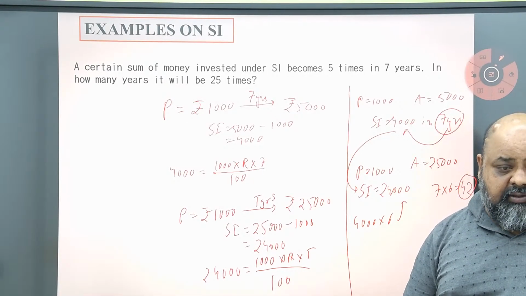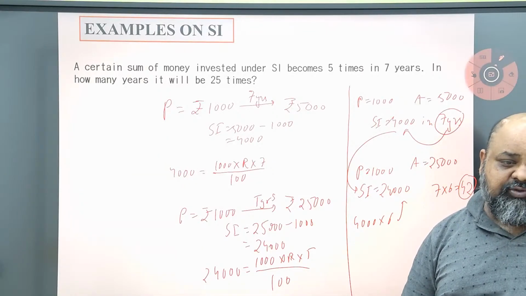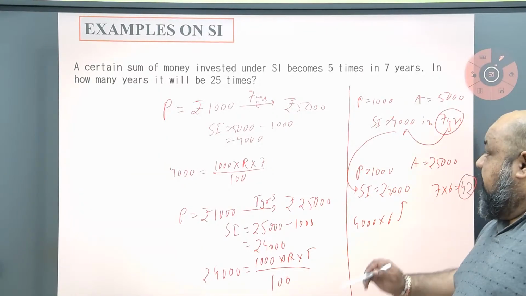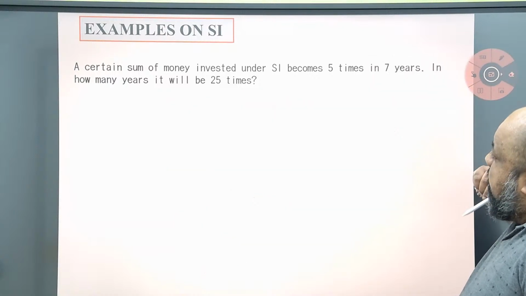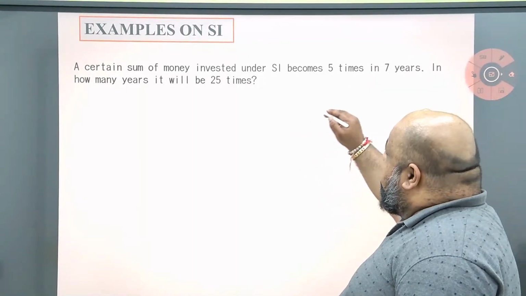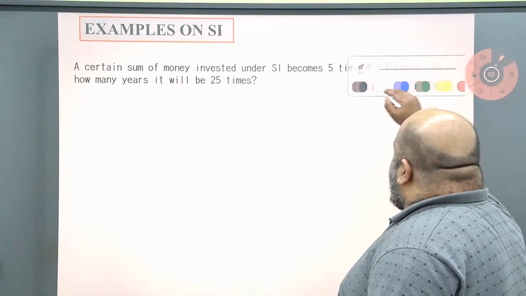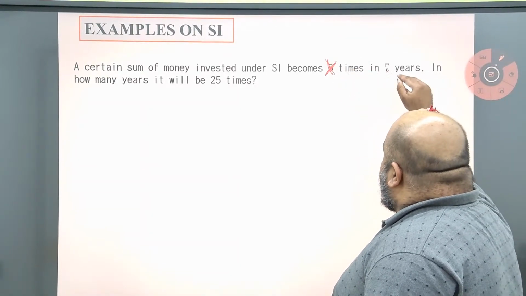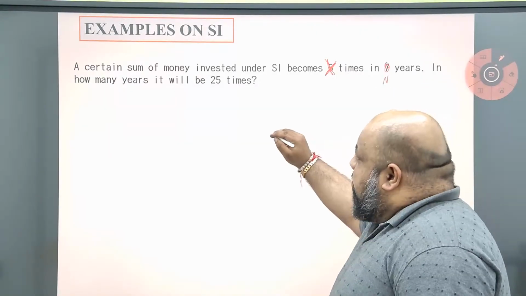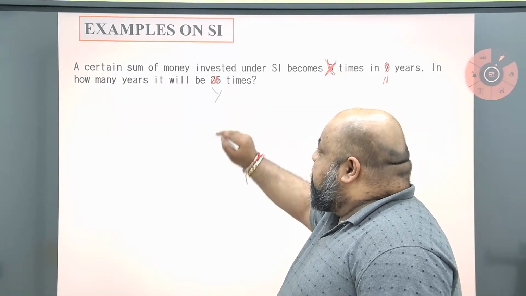In general, if I have to solve this question without exception, in case of SI, we can generalize this by saying, suppose the question says a certain sum of money becomes x times in n years. In how many years will it become y times?